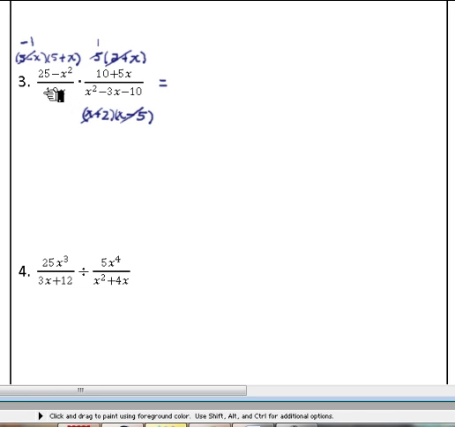Divide by 5. And I think that's it. What do we have left in the numerator? We have minus 1 times 5 plus x. And in the denominator, I just see a 2.